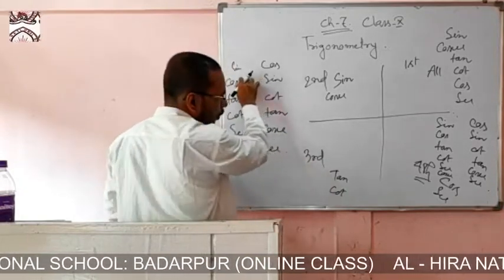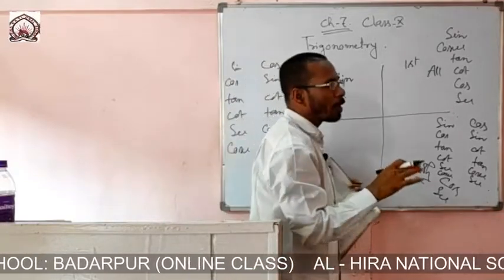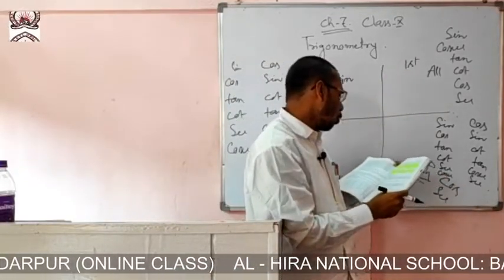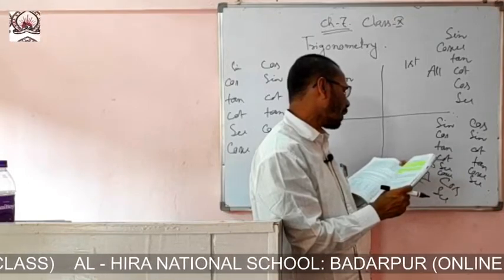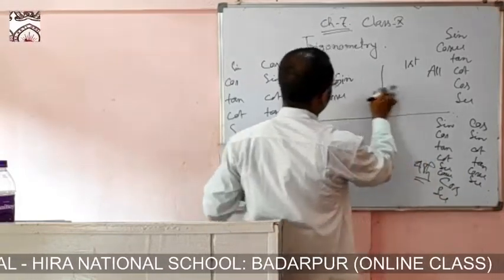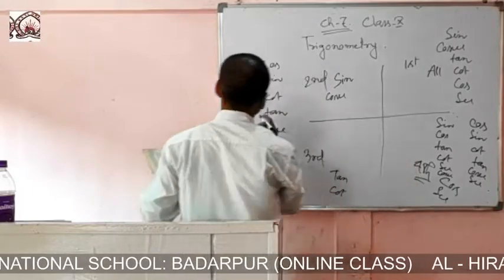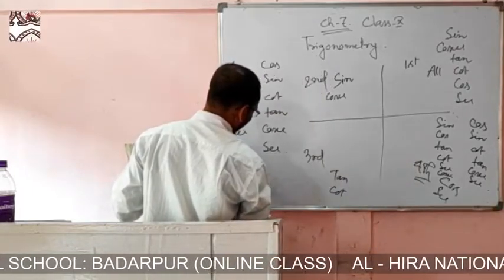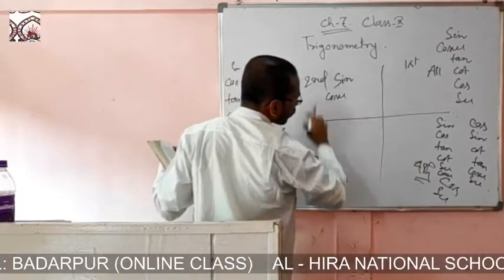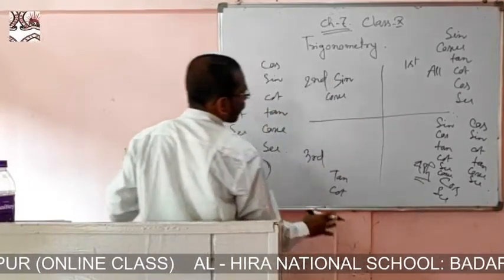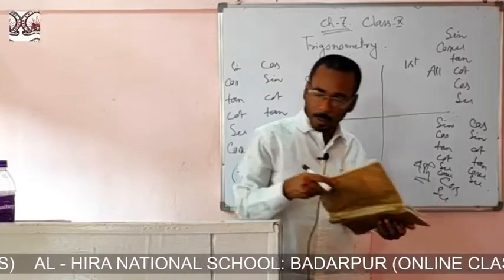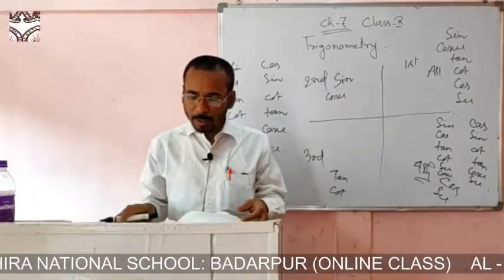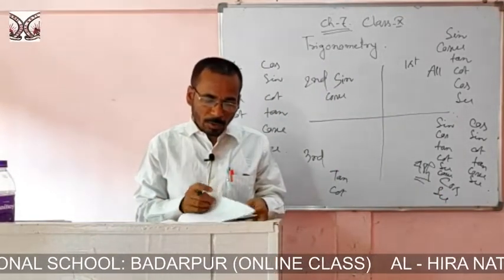If it is an even multiple, no need to change. After that the ratio will be positive or negative according to the position of the quadrant. We have discussed these things earlier.